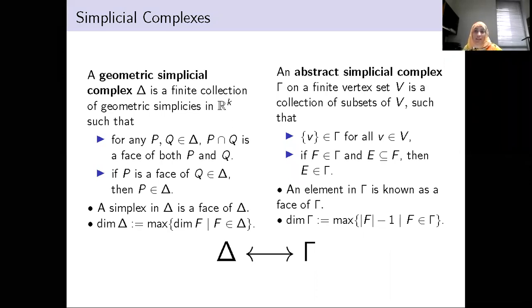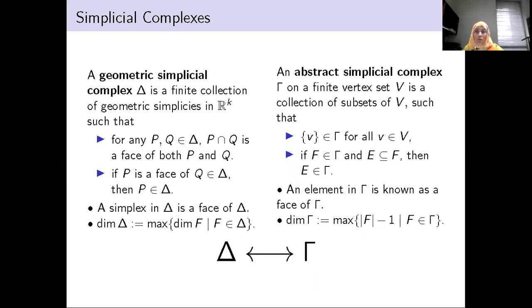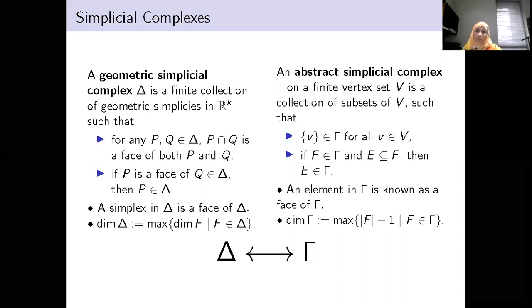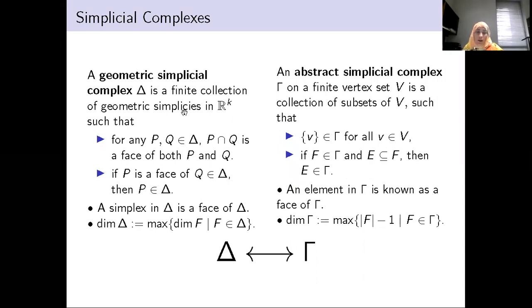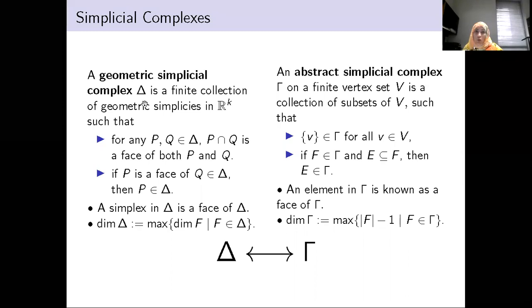Now we will see that you can go from one side to the other. If you have some geometric simplicial complex, then you can easily form an abstract simplicial complex from the geometric one. How? If you consider a simplex, or face, from this geometric one, you just consider the vertices of that simplex.